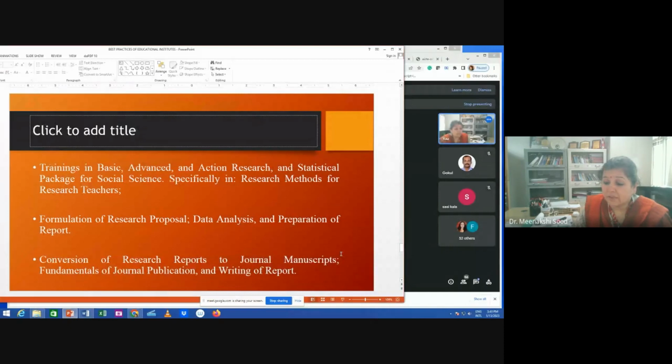Then the training part. We have experienced many times that internship or training is taken very lightly: the students will go and sit there, and sometimes they will not even go and still get the certificate and the marks. So we have to ensure that whatever their learning is, when they come back, the training part should be assessed, like what they have learned, even in the form of a seminar or a presentation, right?